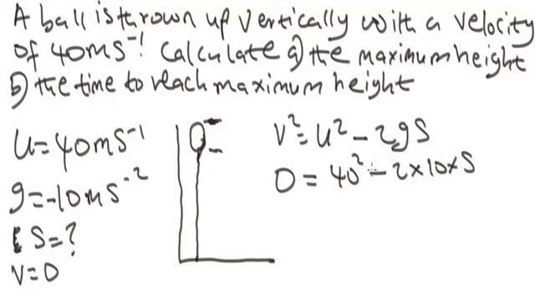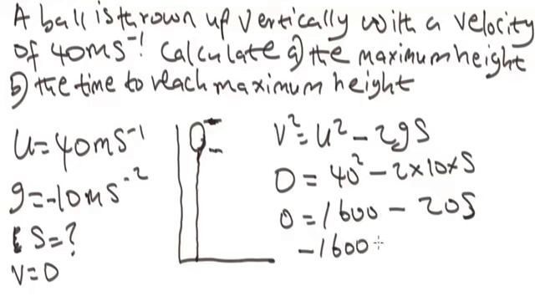When you substitute and simplify, you're going to have 0 equals 40 squared, which gives us 1600, minus 20x. So to make x, which is the distance, the subject of the formula: 1600 equals 20x, so 0 equals 1600 minus 20x, which means minus 1600 equals minus 20x.